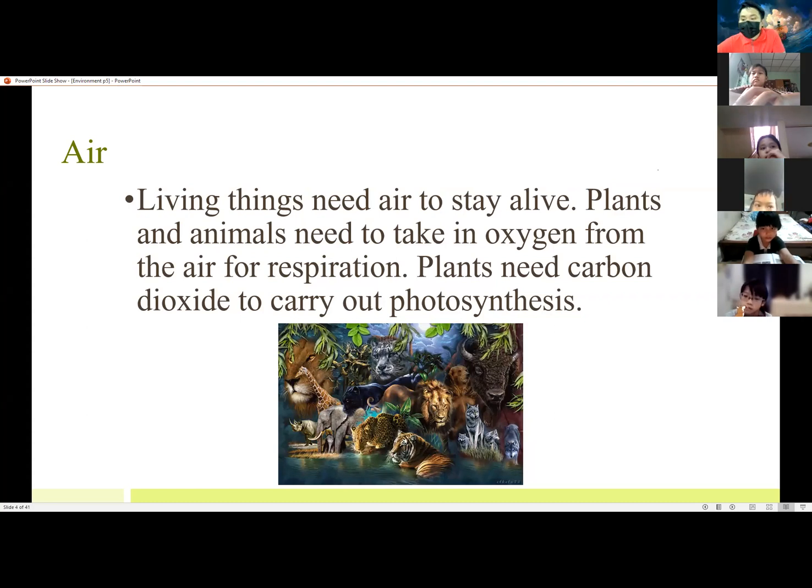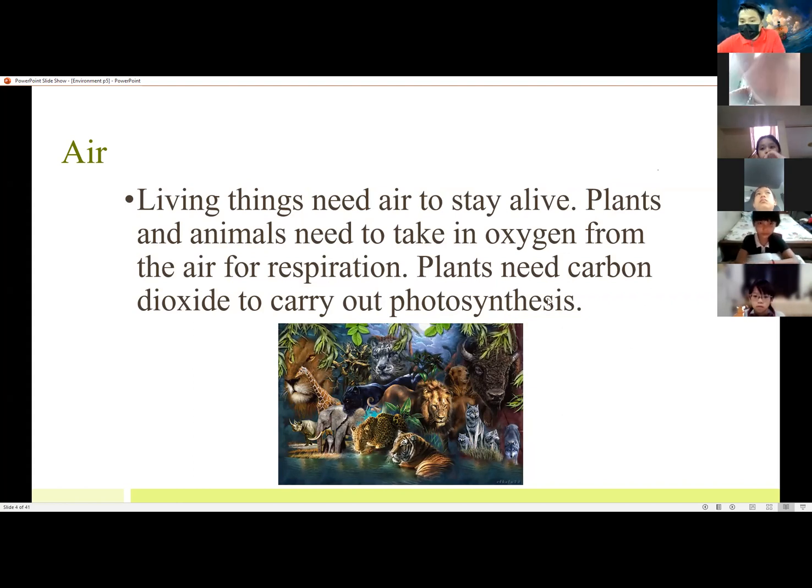They need carbon dioxide to breathe. And in exchange, the plants will give what? Oxygen. Good. So that is vice versa. Plants give oxygen, humans give carbon dioxide. Understand?